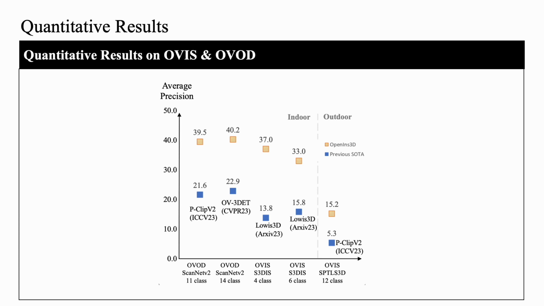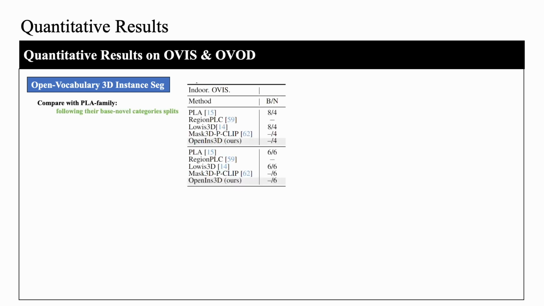Although OpenIns3d requires no 2D image input, it still achieves impressive performance on both open-vocabulary instance segmentation and detection benchmarks, outperforming other methods by a large margin in both indoor and outdoor datasets. Specifically, we compare our method with PLA families, following their base and novel class split.